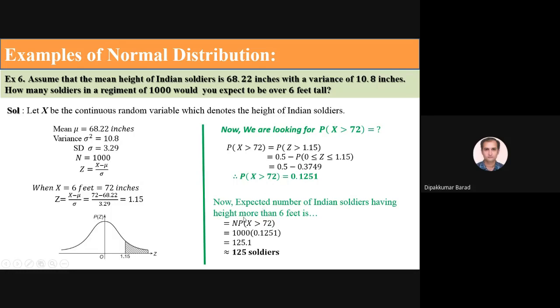We have 1000 soldiers in one regiment, so 1000 into 0.1251 gives 125.1. So approximately 125 soldiers out of 1000 have height more than 6 feet. Is it clear for everyone?